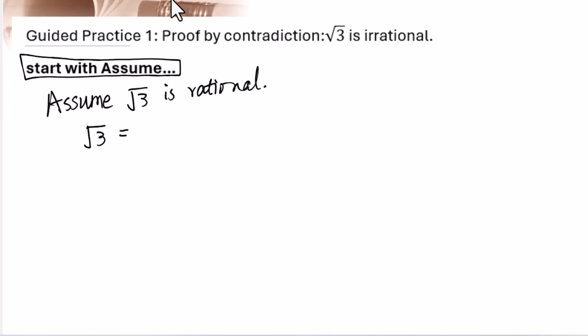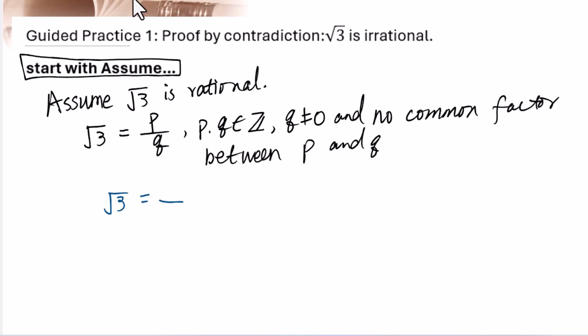Square root of 3 equals P over Q, where P and Q are integers, and Q is not equal to 0, and there is no common factor between P and Q.